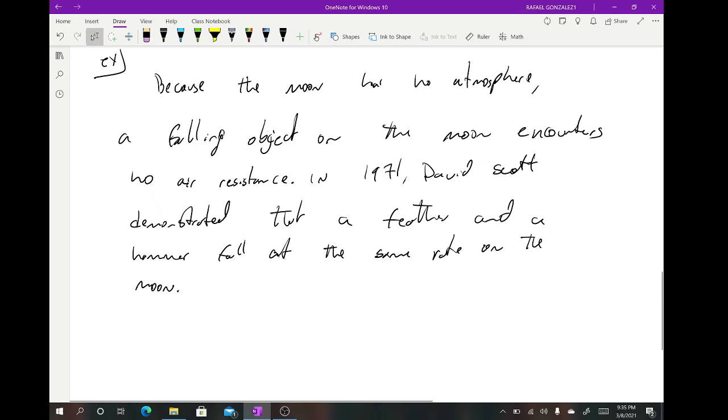Now, the position function for each object, the hammer and the feather, is given by the following.